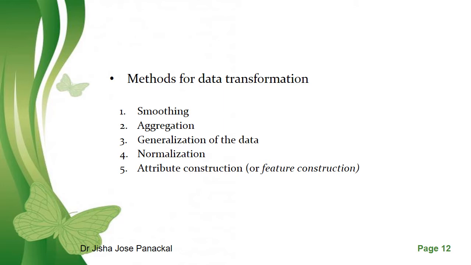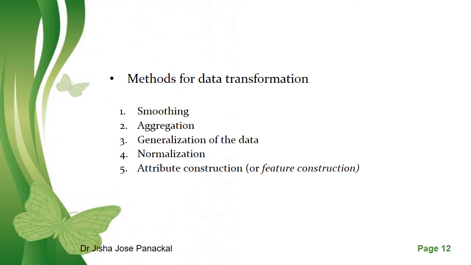The data cleaning method known as smoothing can also be used here for the data transformation. Smoothing is a kind of method for data transformation also. Or we can go for aggregation. We can do generalization of the data. For example, we can generalize to particular values.